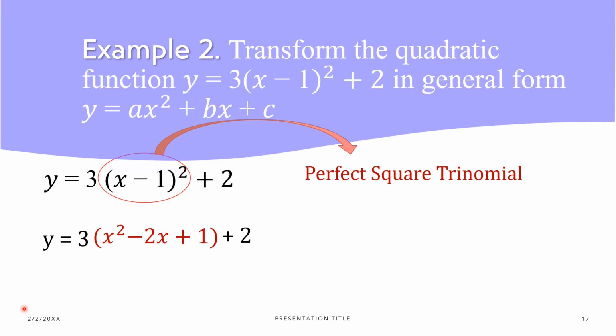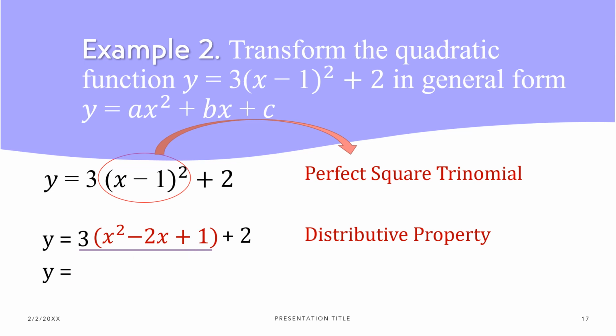Then, after that, since our a is not equal to 1, what we do is use the distributive property. So, we multiply the 3 to each term inside the parentheses.